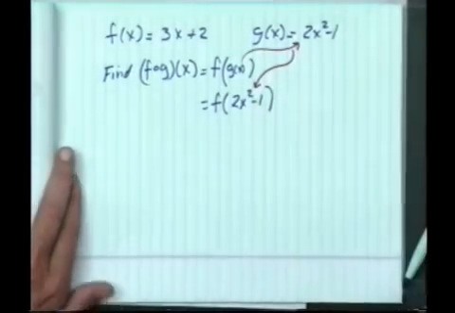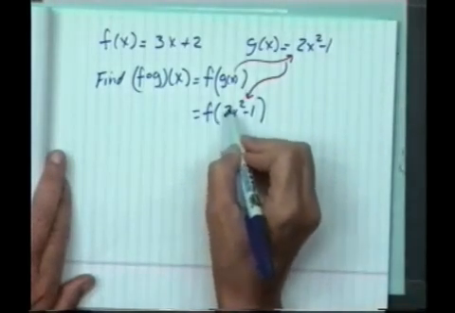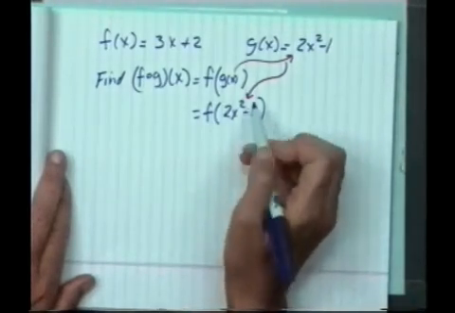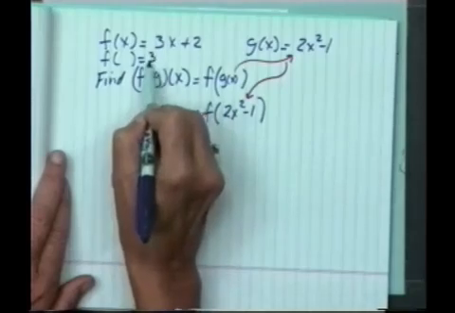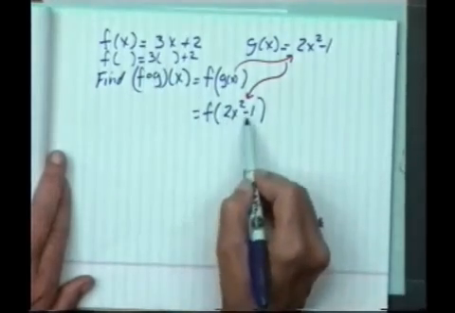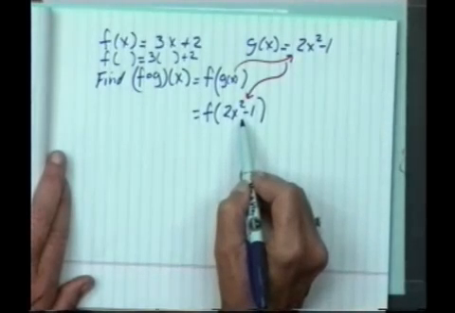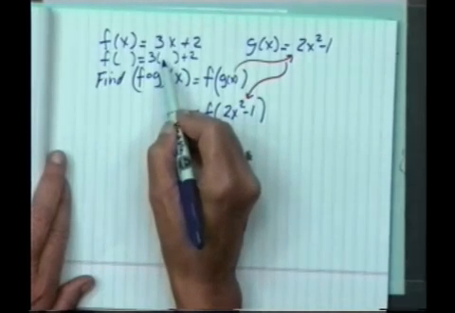Okay, does everybody see that? And now this says evaluate f at this thing. Well, we know f evaluated at anything is 3 times the anything plus 2. So where am I putting the 2x squared minus 1? Into that little open set of parentheses, right?